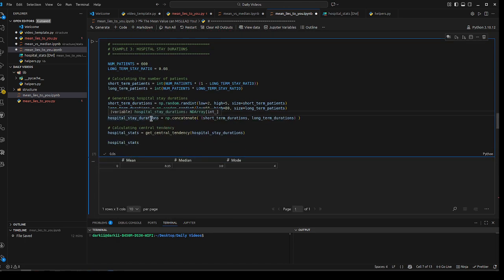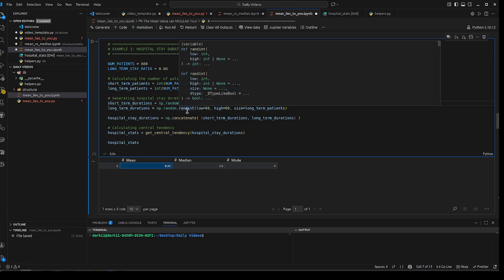But anyways, we generate the data, and we see that the mean value is 8.35 days. Whereas here, in our short-term durations, we're creating data between 2 and 5 days, right? That's like the typical patient, essentially. Whereas for long-term, we have between 60 and 80 days. And this is being created as a random integer, evenly distributed.